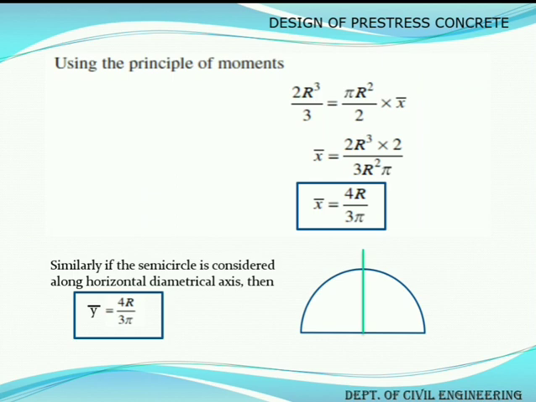This is about which axis? The horizontal diametrical axis. If we cut it, left and right will be the same. In this case your x bar we get directly, which is equal to the radius, the horizontal distance, and we need to find y bar. Whereas in the previous case, y bar we get directly and we need to find x bar.